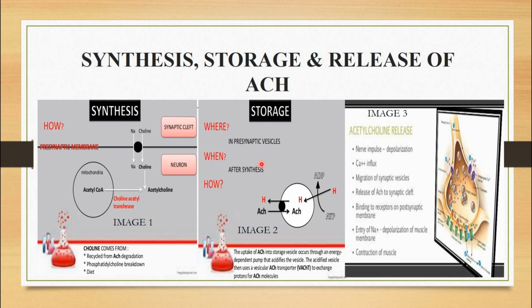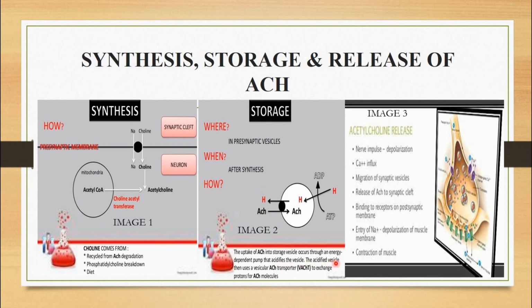After synthesis, acetylcholine is stored in the presynaptic vesicle. In this presynaptic vesicle, what is happening? The uptake of acetylcholine into storage vesicles occurs through an energy-dependent pump. So this is the energy-dependent pump that acidifies the vesicle.